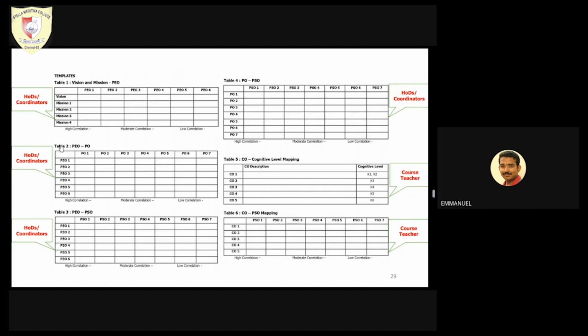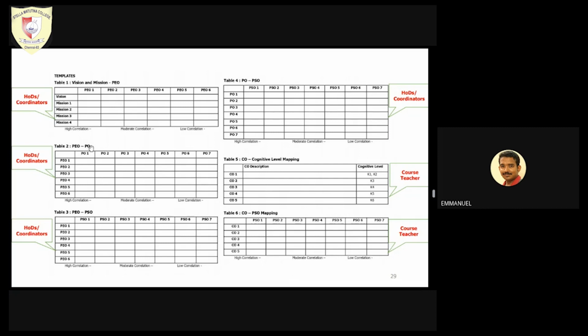Similarly, the second table, which is to be done by the HOD's coordinator or the highest officials in the department, is done between program educational objectives and program outcomes. Program educational objectives are the objectives at the school level, the major objectives for that particular school, keeping in mind all the departments under it.